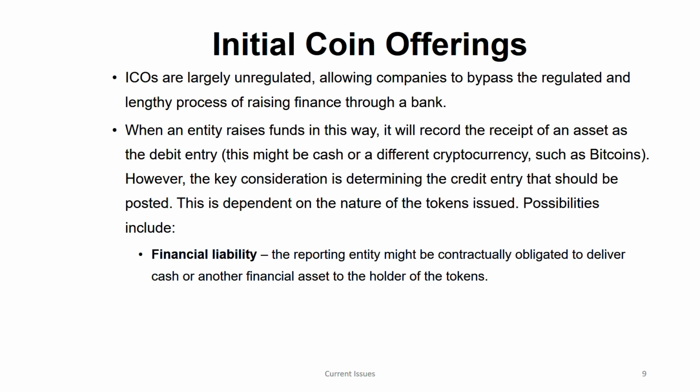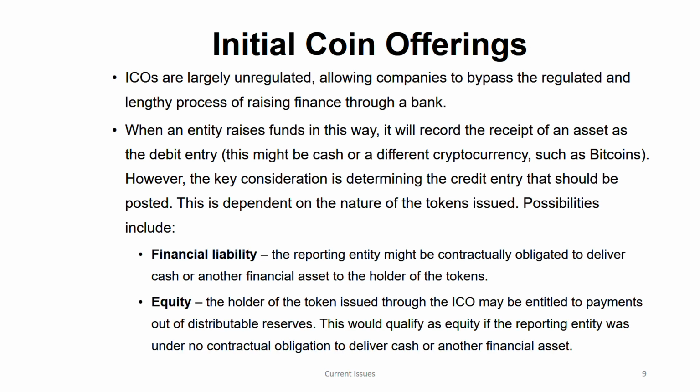One, financial liability. Maybe you credit it as a financial liability. When do you do that? When the reporting entity has an obligation to deliver cash to the holder of the token. Then it's a financial liability. Or you can credit it as equity.